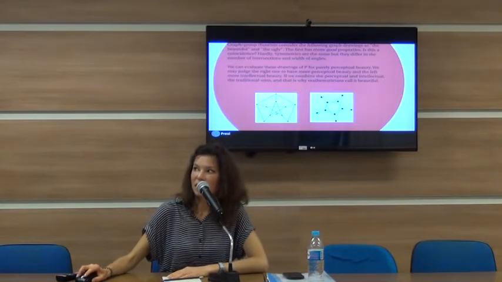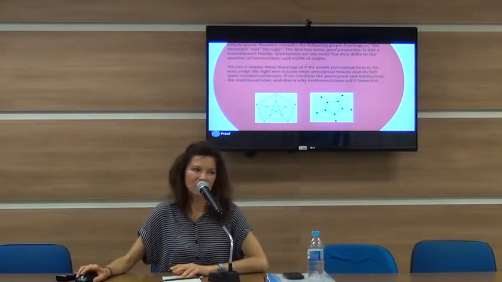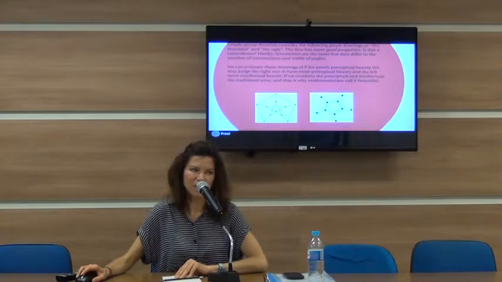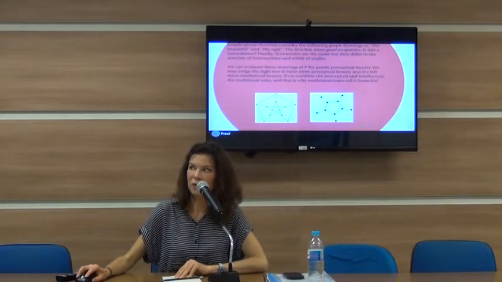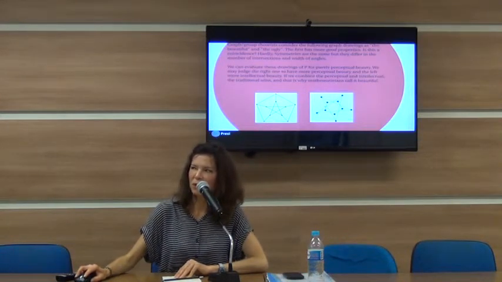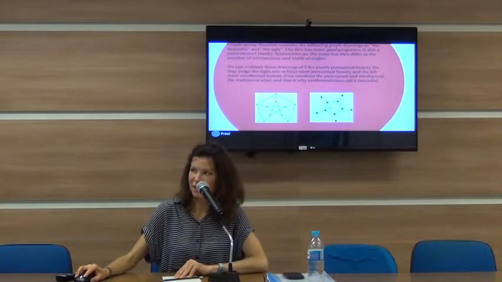Also, here we have fewer edge crossings, fewer edge intersections. We have 1, 2, 3, 4, 5, but here we also have 5, but there are more edges intersecting here.